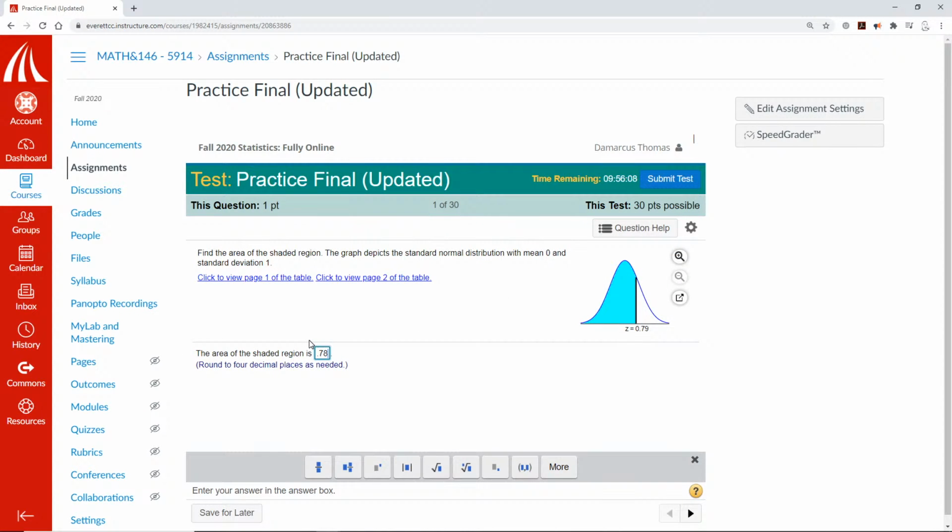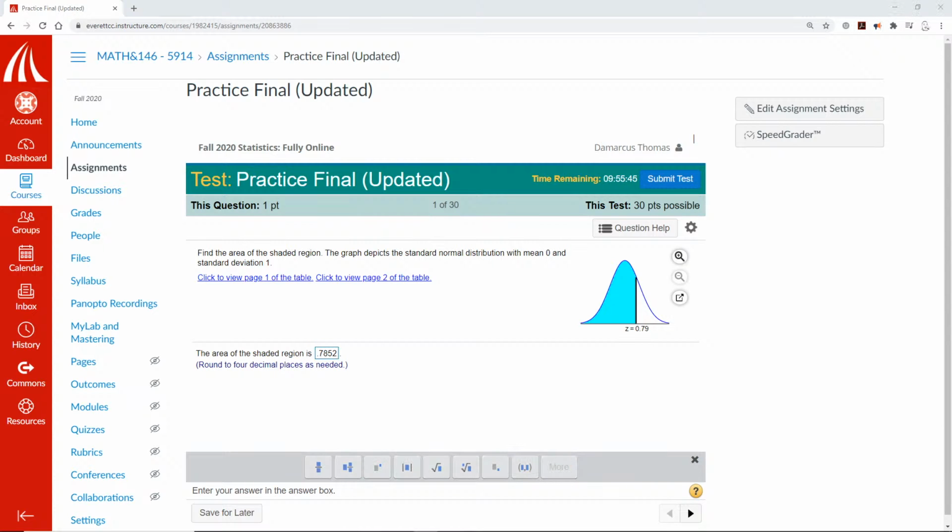In fact, it is looking for the answer that corresponds to the table. The calculator will give us an answer even more precise than this, so that when we round it, we will get this. So there is a level of tolerance, but 4 places out is really good.